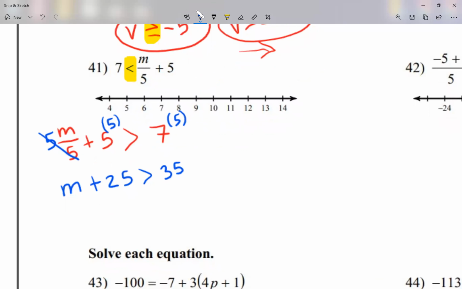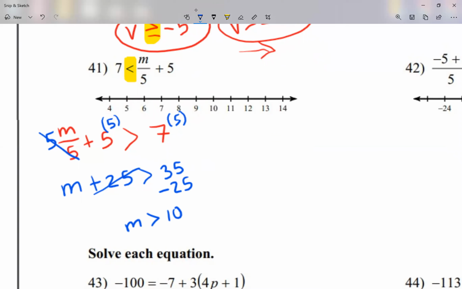Okay, to get the m by itself, this plus 25, let me move it to the other side as a minus 25. So I have m is greater than 10. If you have to type this, m is greater than 10.